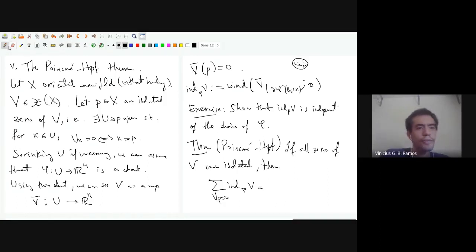Chi and X are too similar, so I have to be careful. Chi technically goes under a little bit. Okay, this is the Euler characteristic.